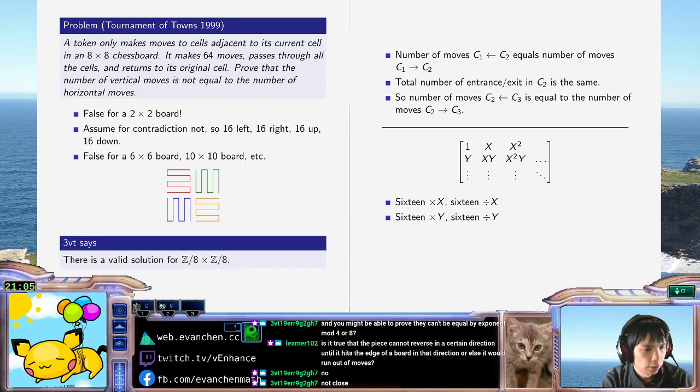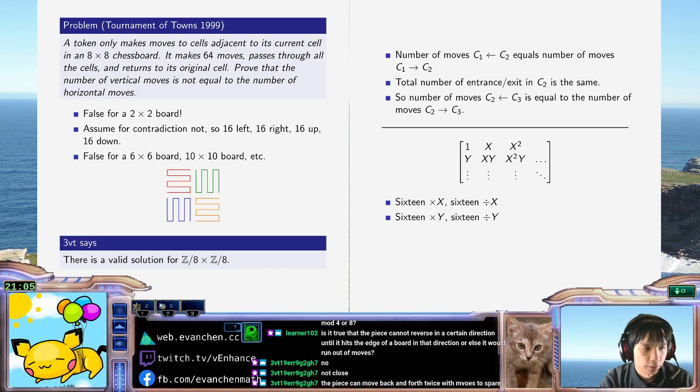I think the thing you said is not true because we drew a counterexample. Okay, so I feel like this is something. Because there is a valid solution for Z mod 8 cross Z mod 8, we do need to use the edge of the board somehow, and I think there's a way we can use it.